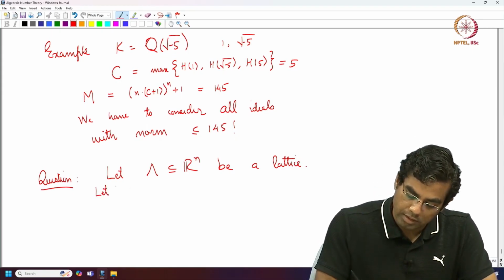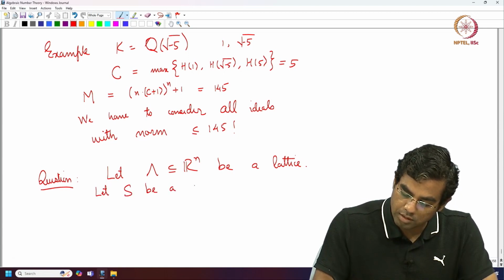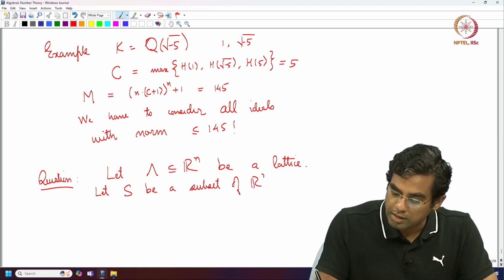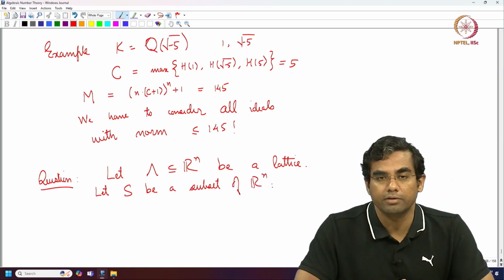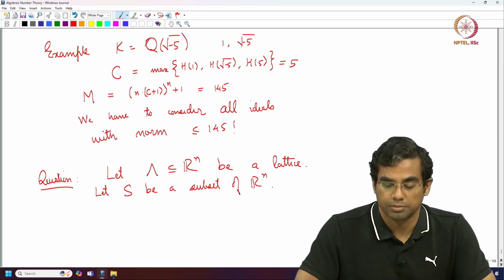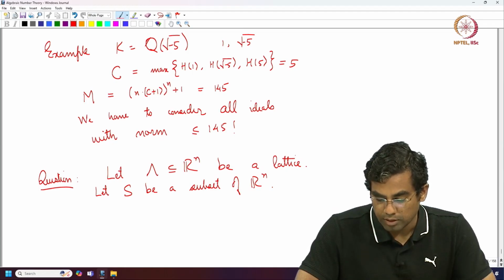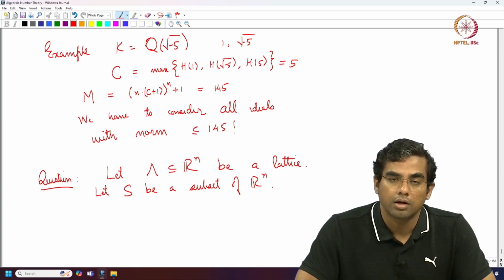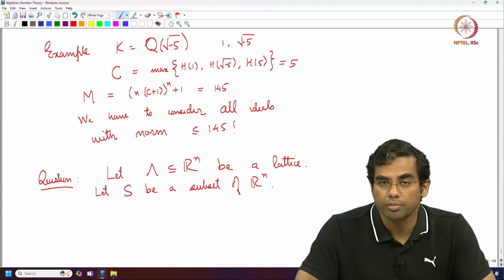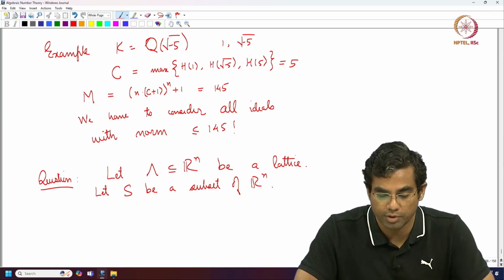So, let S be a subset of R^n, and in the proof this subset will typically appear as all elements of R^n with bounded norm, norm in the sense of distance from the origin.